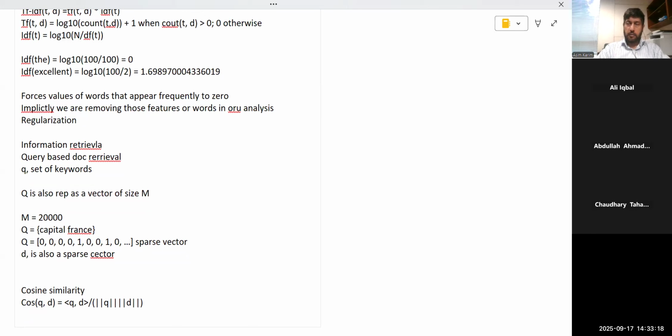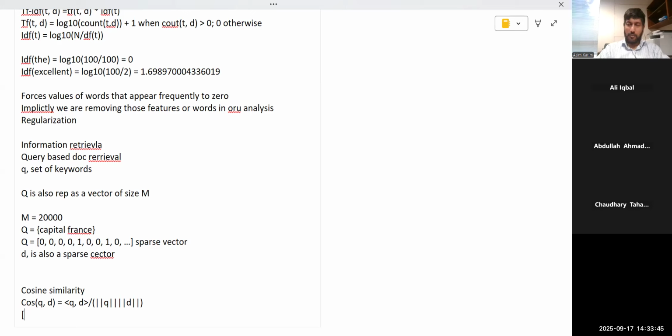So can someone tell me what the range of cosine similarity will be in general? What would be the range for the values of cosine similarity? Okay, good.